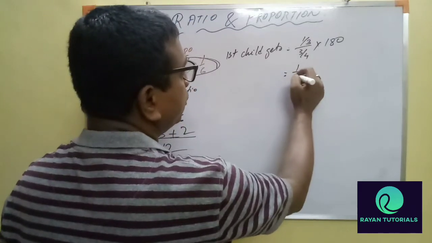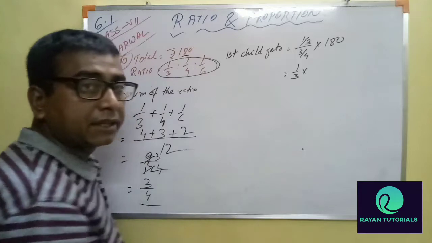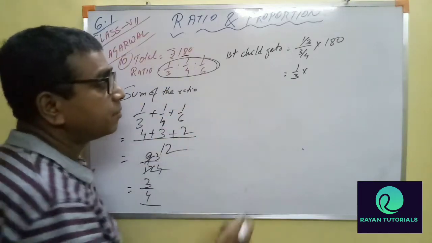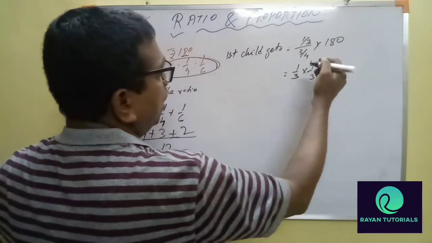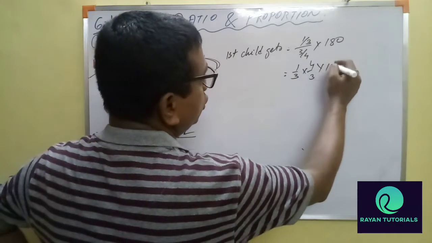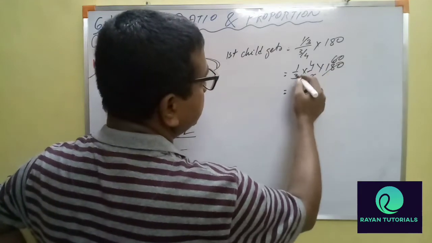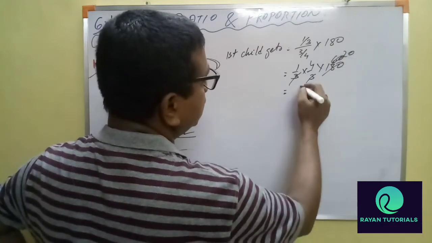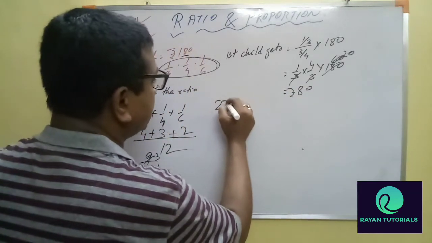Solve it. 1 by 3 divide means multiply, 3 by 4 means reciprocal, 4 by 3. Then into 180 equals 360, 80 rupees.